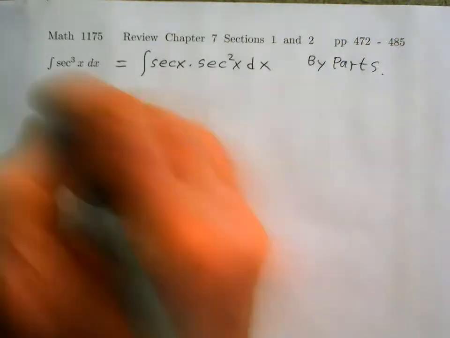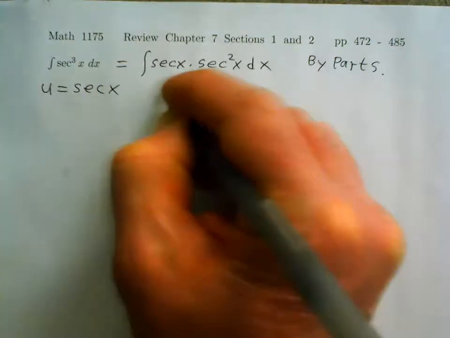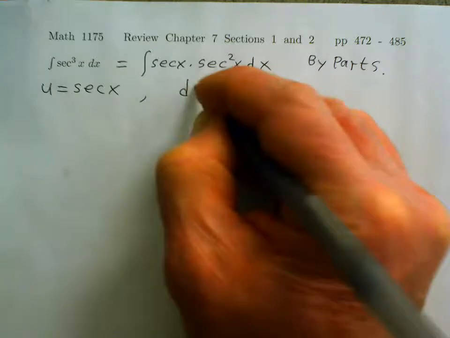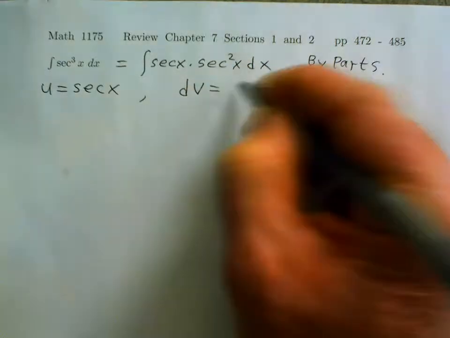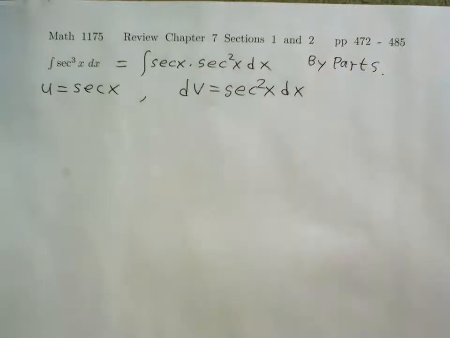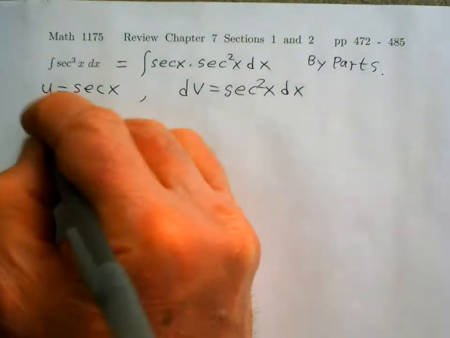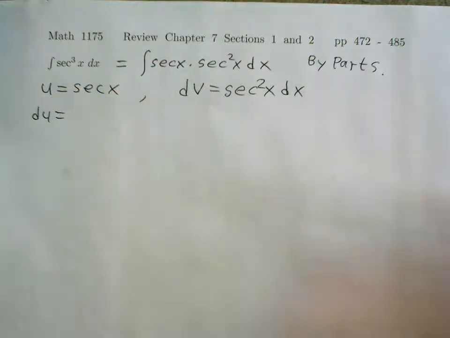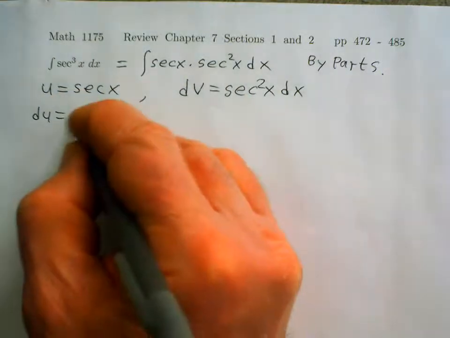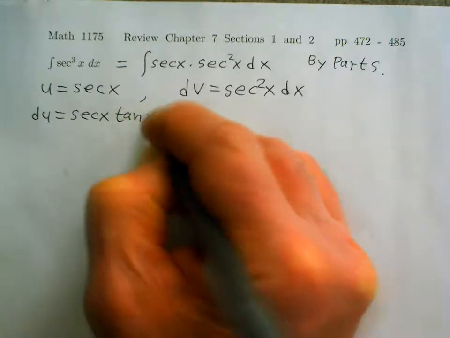Okay, so on this one, assign u to be secant of x and dv to be secant of x squared dx. And if u is equal to secant of x, then du is secant of x times tangent of x dx.